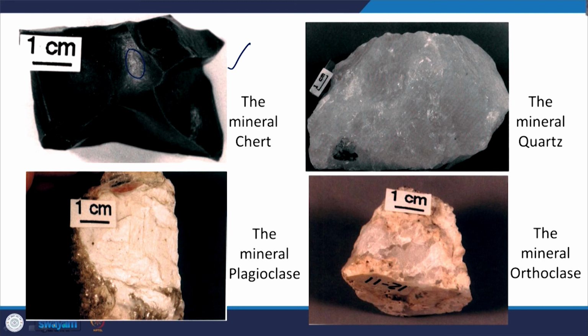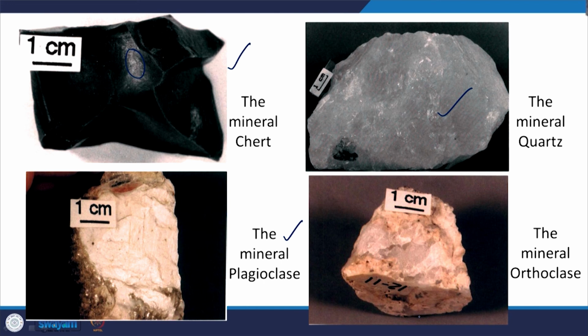Then the second one is the mineral quartz. It has a hardness of 7 on the Mohs scale and a white to pink color. You can see that this figure is showing the mineral quartz. Now, come to the next one, the mineral plagioclase. Here, as I mentioned, there are two cleavage planes at 90 degrees, and you can see the surface striations.